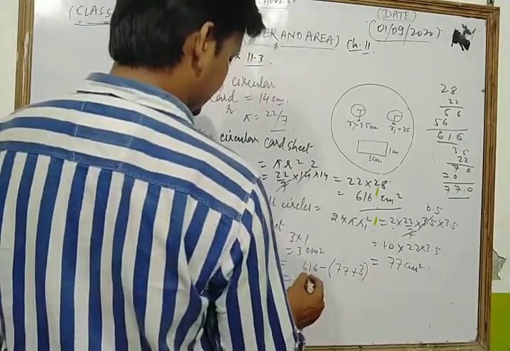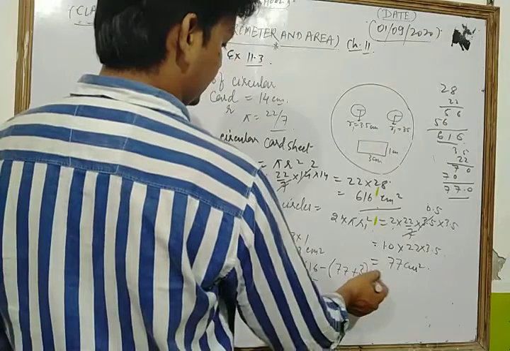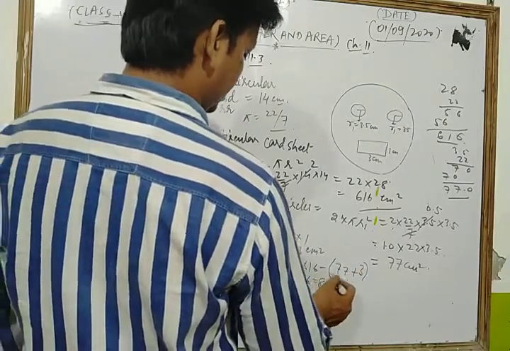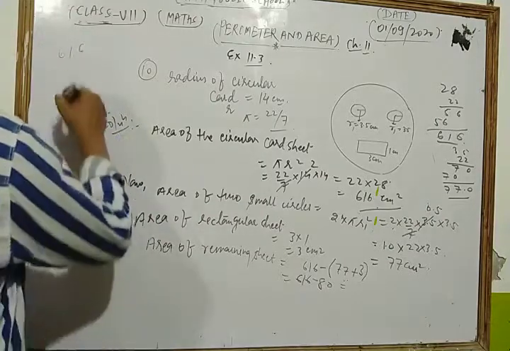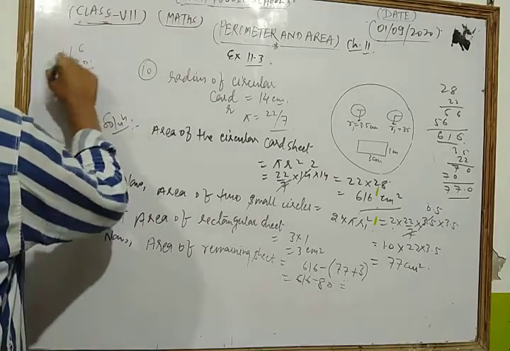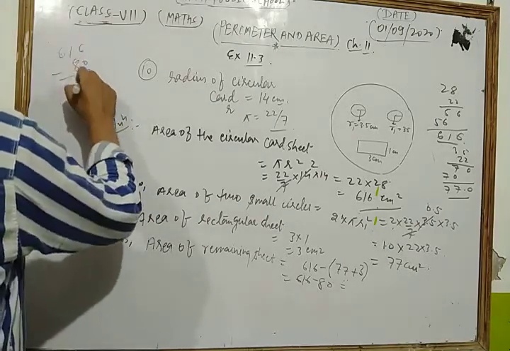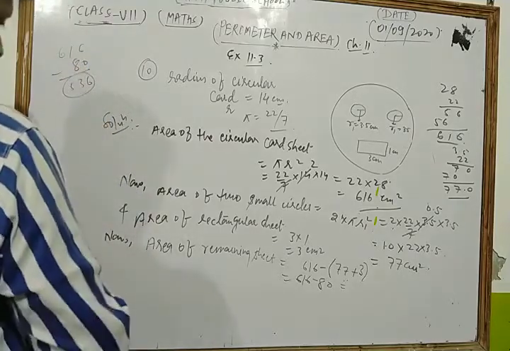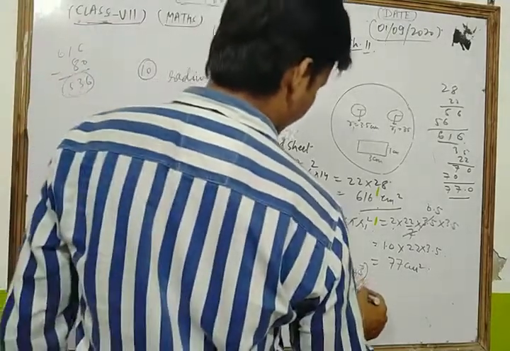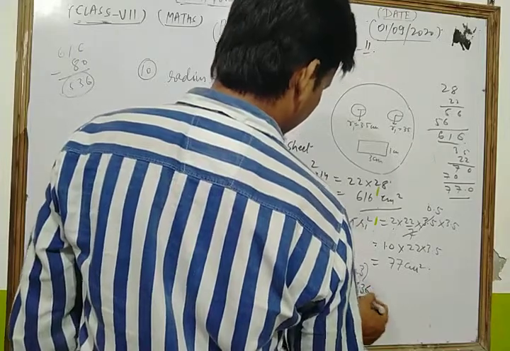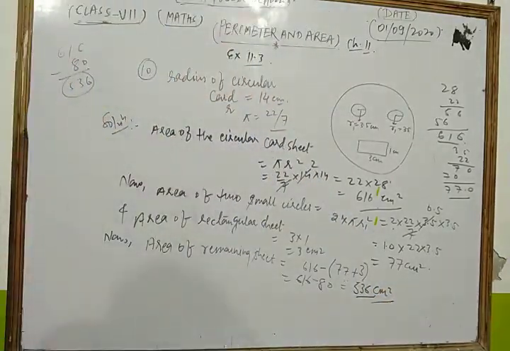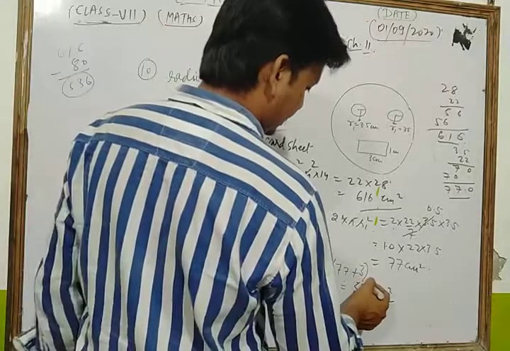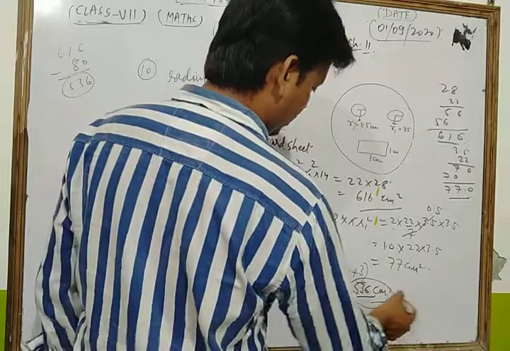So 77 plus 3 is 80. We subtract 80 from 616 and we get 536. So we have 536 centimeter square. This is our required answer.